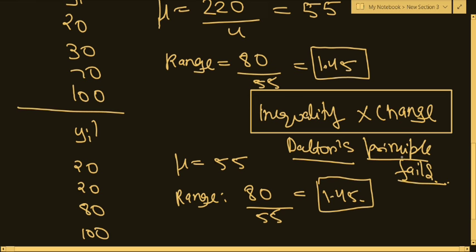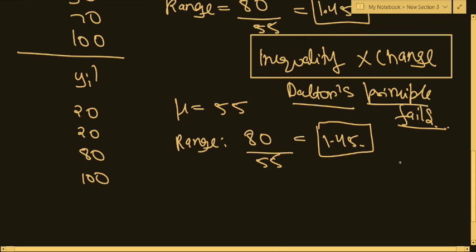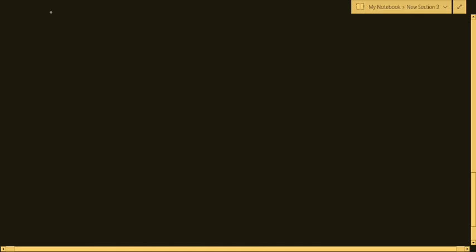Okay, now the next measure we have is known as the Kuznets ratio.